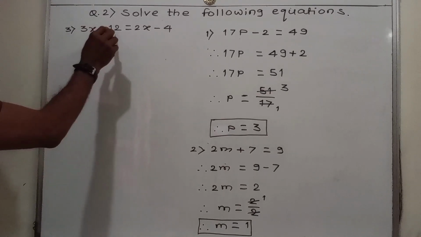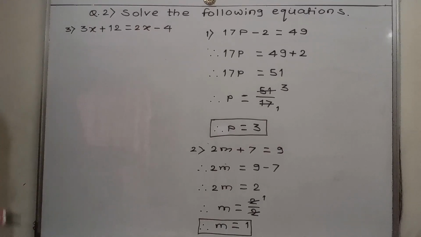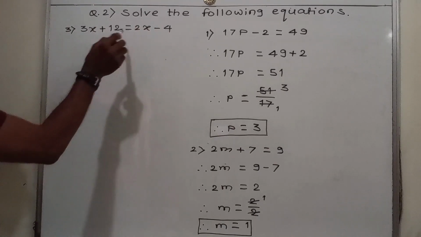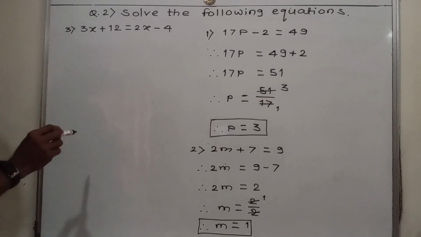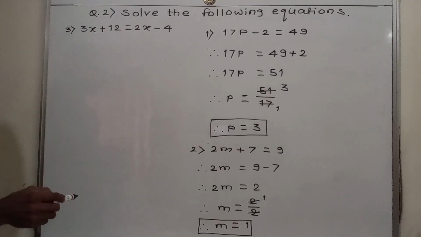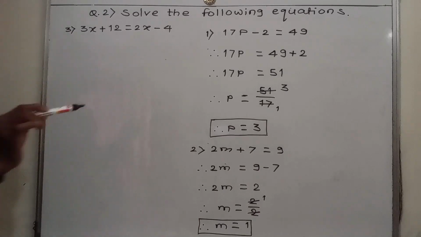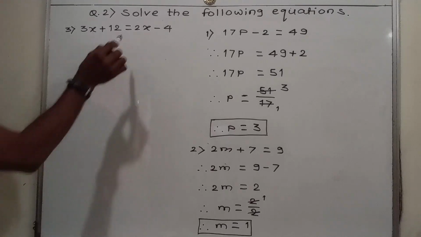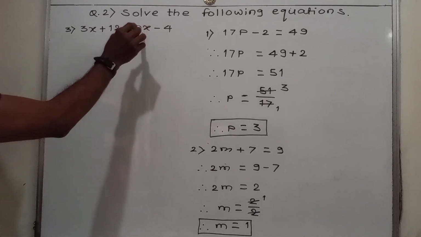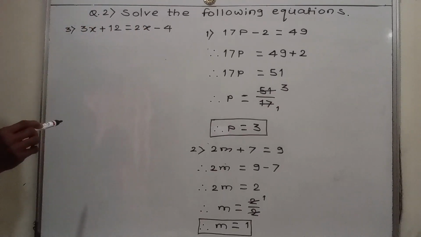Okay, and 12 and minus 4, these are another like terms. Now 3x is bigger than 2x. Therefore, I have told you many times, we want the variable to be positive. So take the smaller near the bigger.